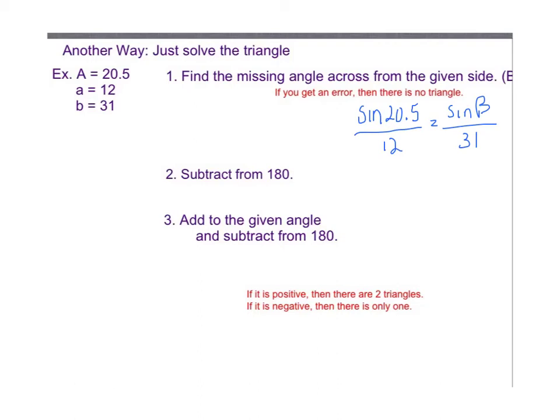Okay? And when I multiply sine of 20.5 times 31 and divide by 12, I get the sine of B is equal to 0.904.